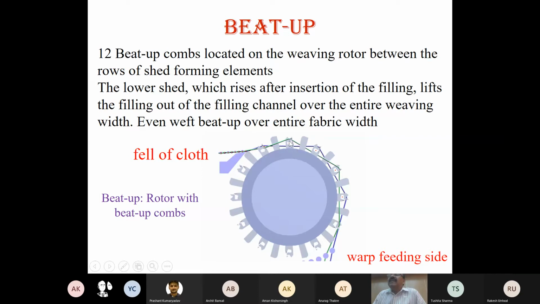For example, if a weft breaks at this point, look at my cursor, and you are now weaving here, then at this point the weft insertion will take place in this shed. In this shed weft is already inserted. The next shed is this one. The weft will be inserted in this shed.